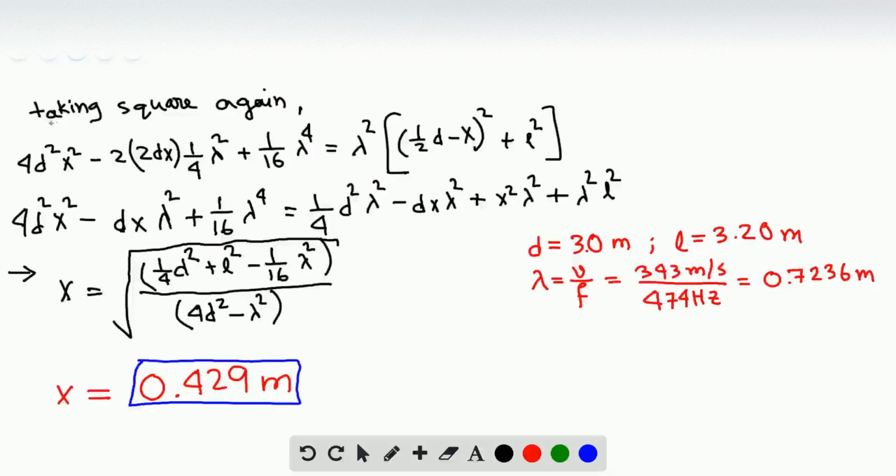So we take square again, and if we do so, we have this big expression now. So now all we're doing is we're simplifying this expression. Now it's a very big expression, but I would suggest everyone to do it on their own so that you get used to this lengthy calculation.